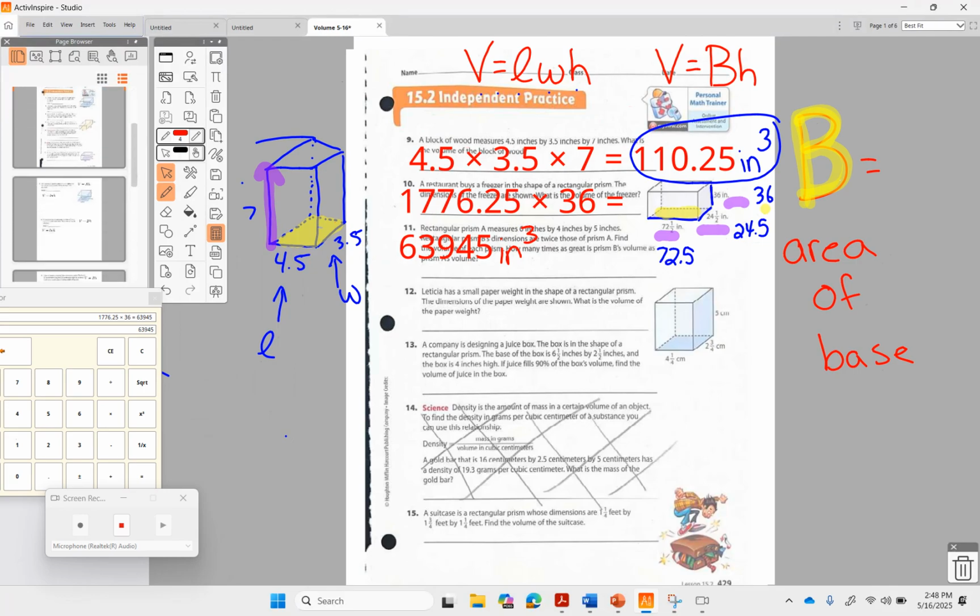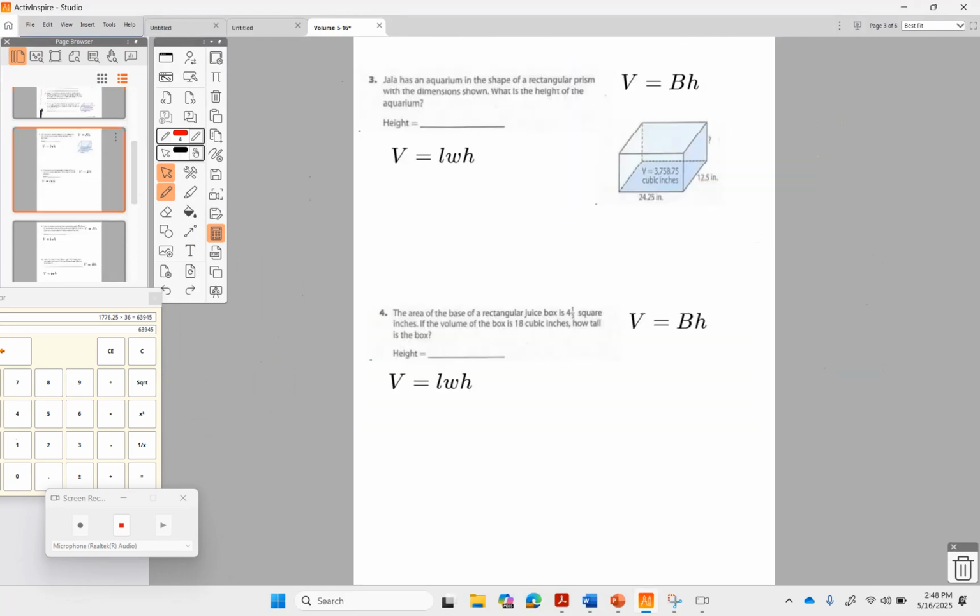Let's look at the next lesson, okay? So in our secret message, I want you, there's a few things you need to be able to do. You have to be able to tell me that to find the volume, you're going to multiply the length times the width times the height.